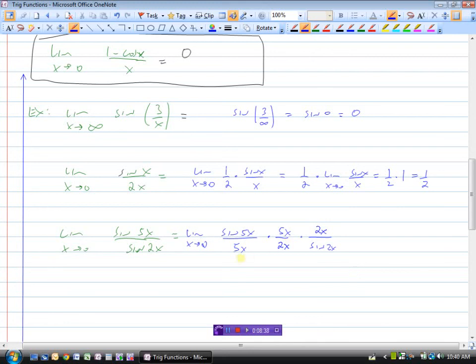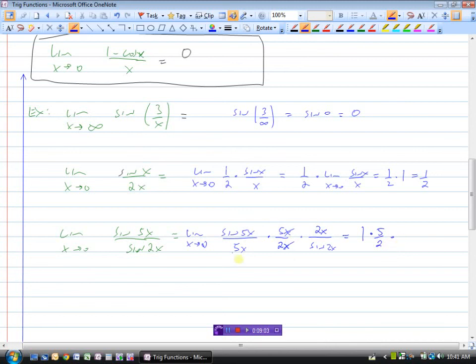So this 5x would cancel with that 5x, that 2x with that 2x, and we really do still just have sine 5x over sine 2x. But I can now say this limit here is 1 times this limit here. These x's would cancel out, so this expression is really just 5 over 2, because those x's are gone.